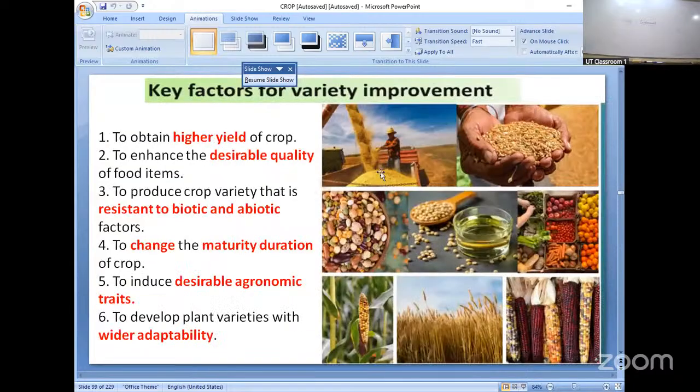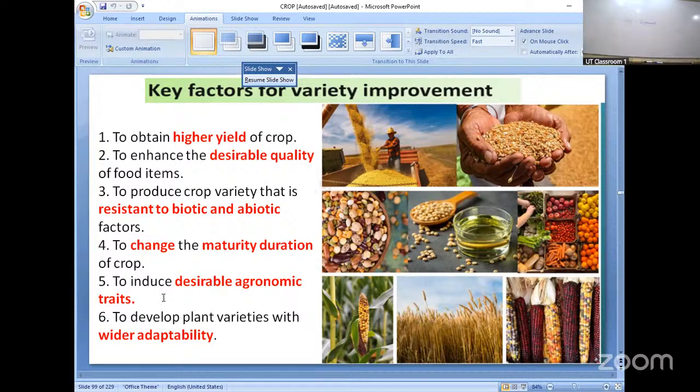Okay. So the key factors are that we can get higher yield, and we can get desirable quality of the food. Resistant varieties, resistant to biotic factors, or changing the maturity duration of the crops, means we can get it a little early, right?